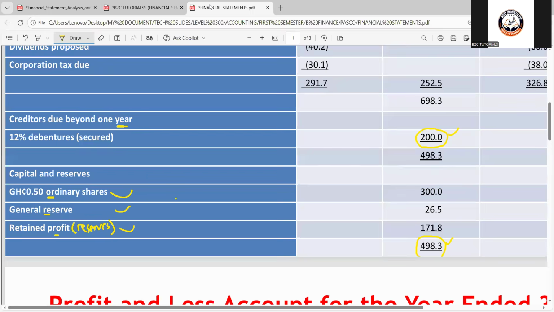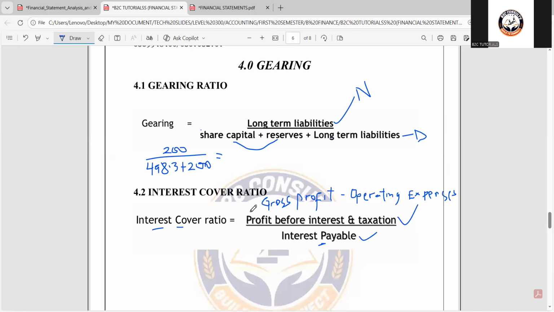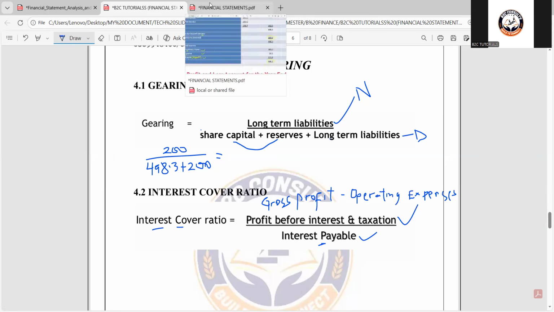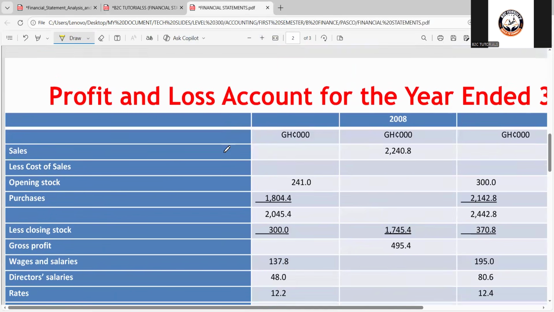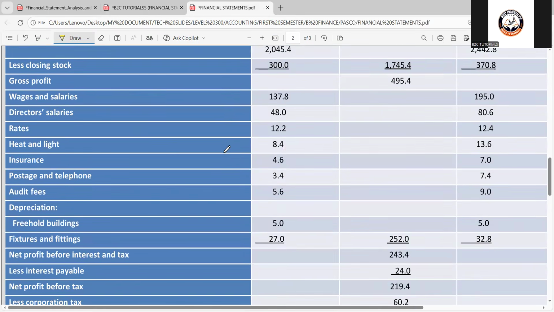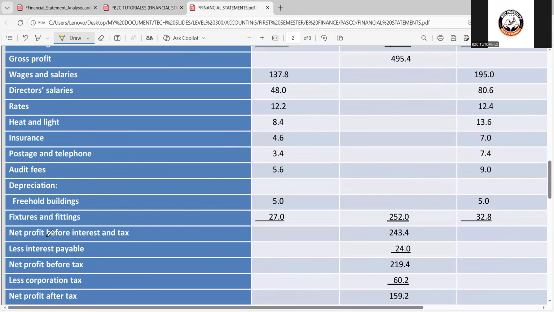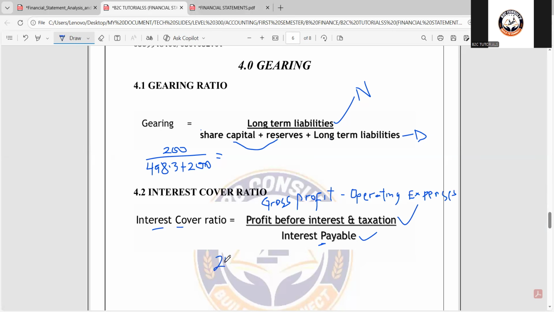So look at the question. Now, these two items can be found in the statement of financial performance, that is the profit or loss account. So quickly go to the profit or loss account and look at the types of profit. This is it, net profit before interest and tax. The figure is 243.4, divided by the interest you are supposed to pay.